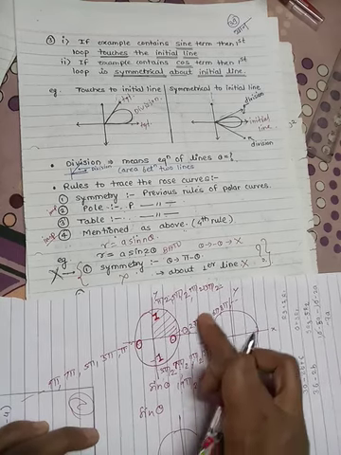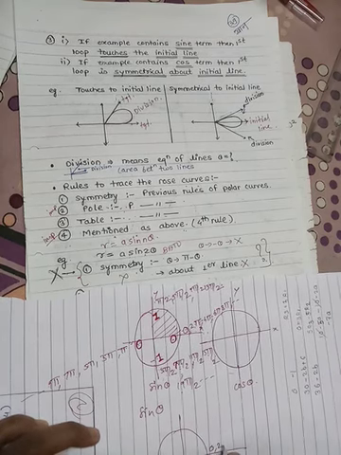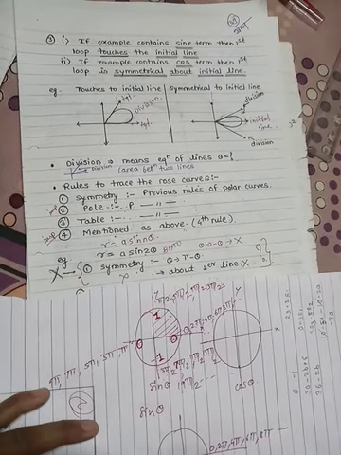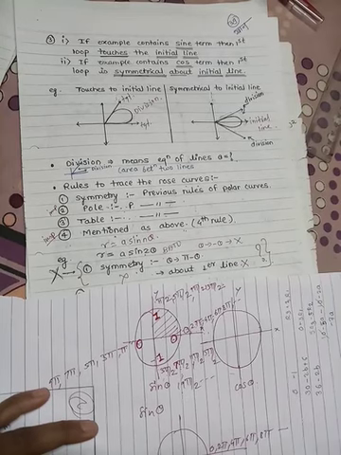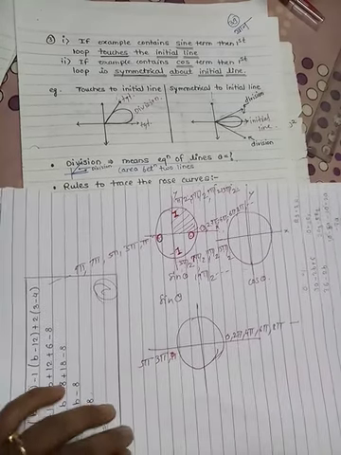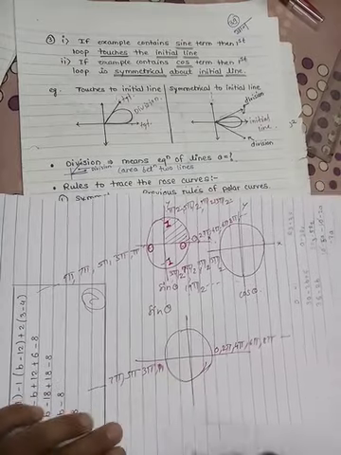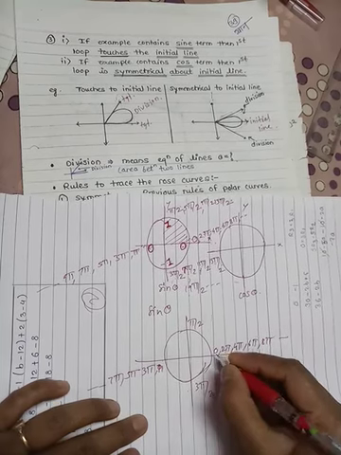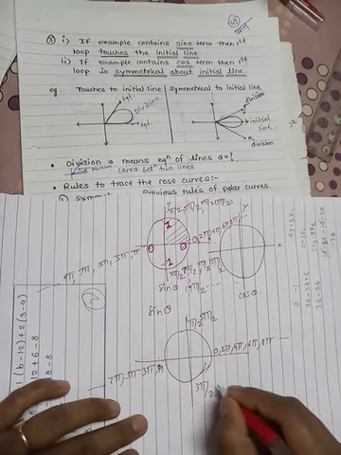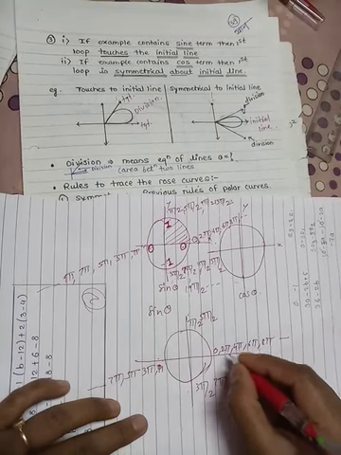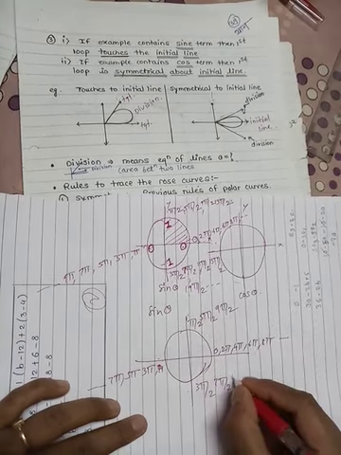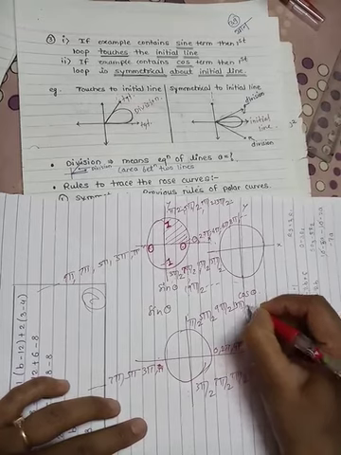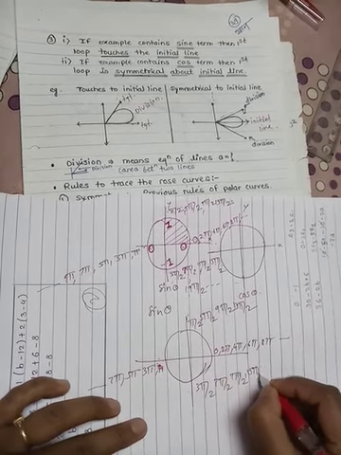So the angles are the same: 0, 2 pi, 4 pi, 6 pi, 8 pi, etc. Here the odd angles: pi, 3 pi, 5 pi, 7 pi, 9 pi, etc. Here pi by 2, 3 pi by 2, 5 pi by 2, 7 pi by 2, 9 pi by 2, 11 pi by 2, 13 pi by 2, 15 pi by 2, etc.